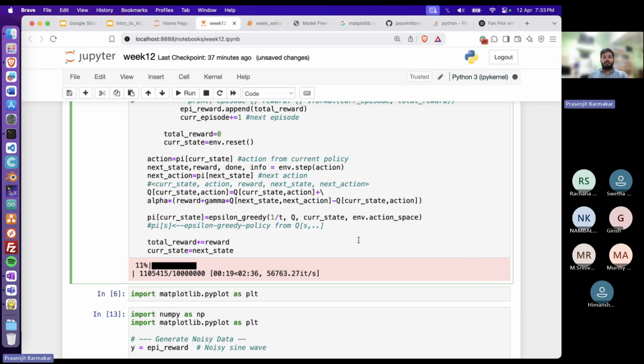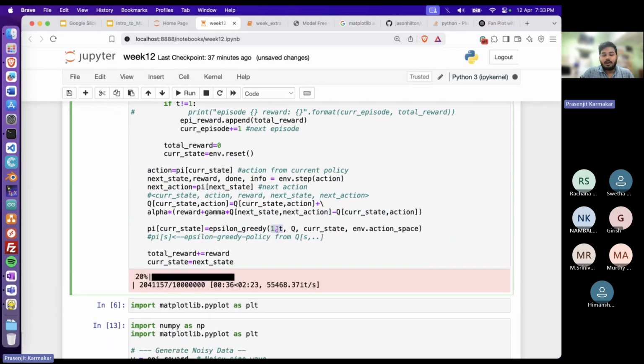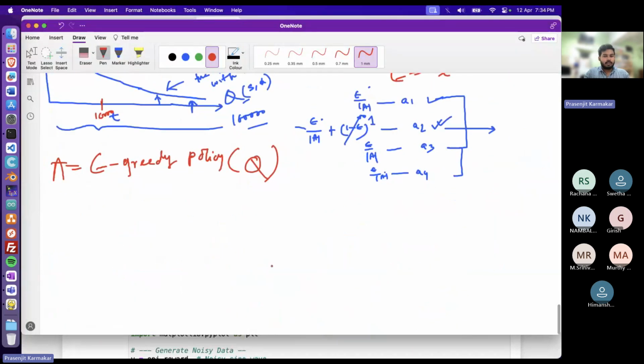Still, the main optimization is remaining, by which we can converge a lot faster, so we don't have to go for 1 crore steps. Currently the problem is this 1 over t, right? Everything is fine, but this 1 over t, if I just draw it, let's keep it running and I draw the function of 1 over t.